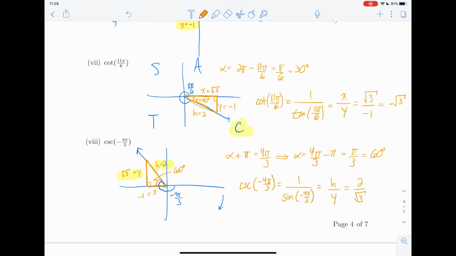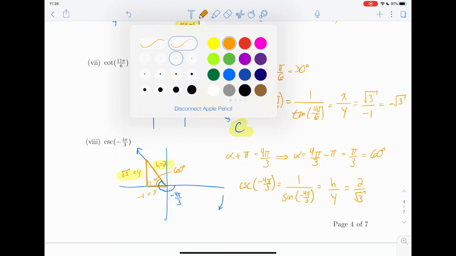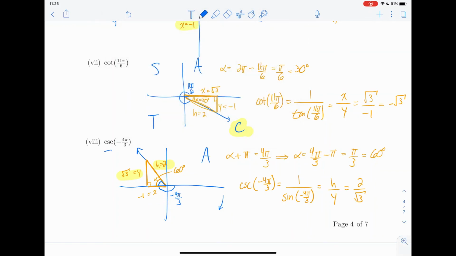Again, I'm not going to rationalize the answer, no need for that. Additionally, if we use the mnemonic device ASTC, living inside the second quadrant means that sine and its counterpart cosecant should be positive, and we recognize that our answer is positive.